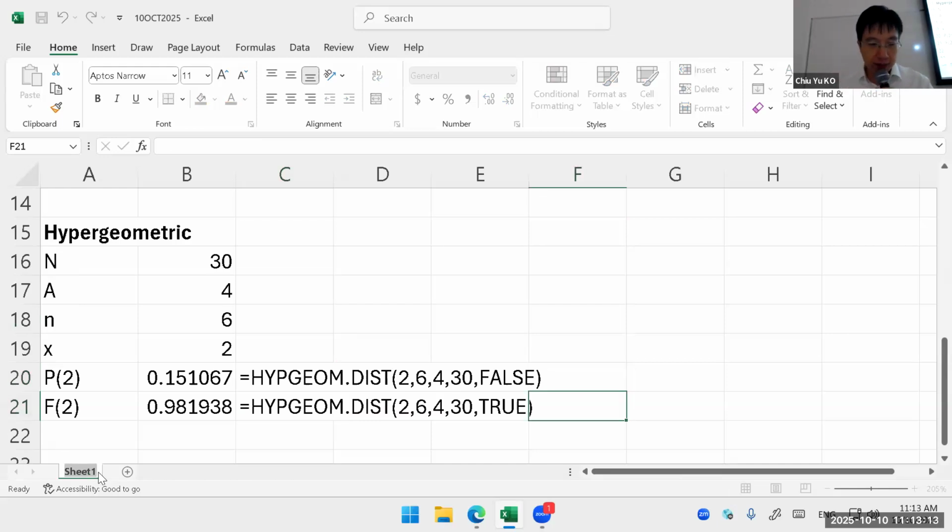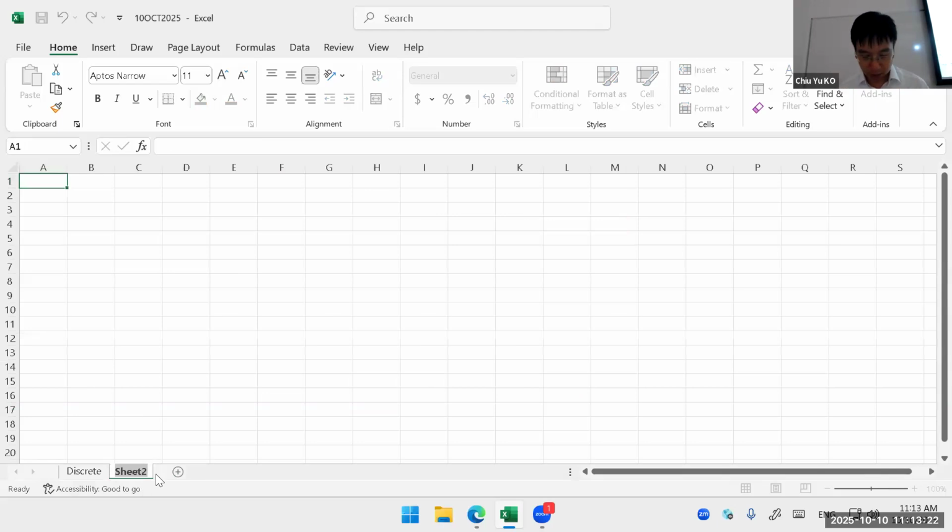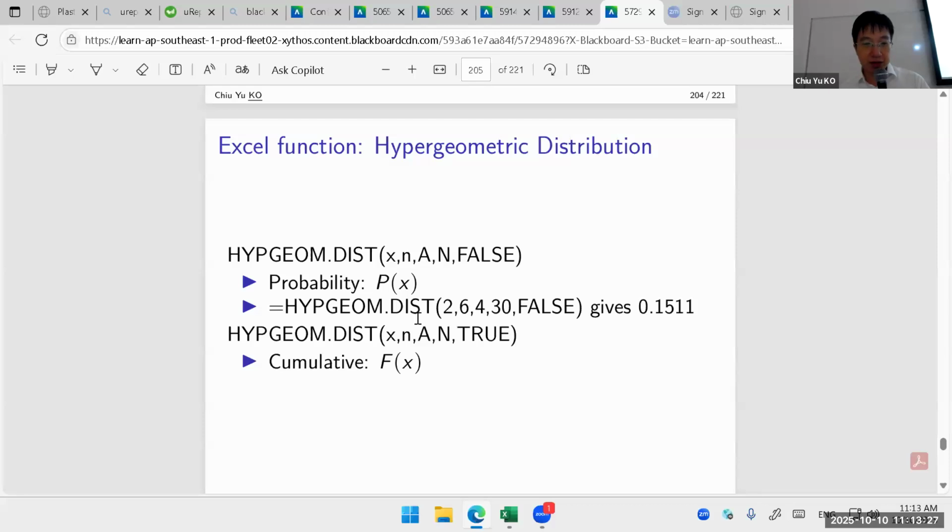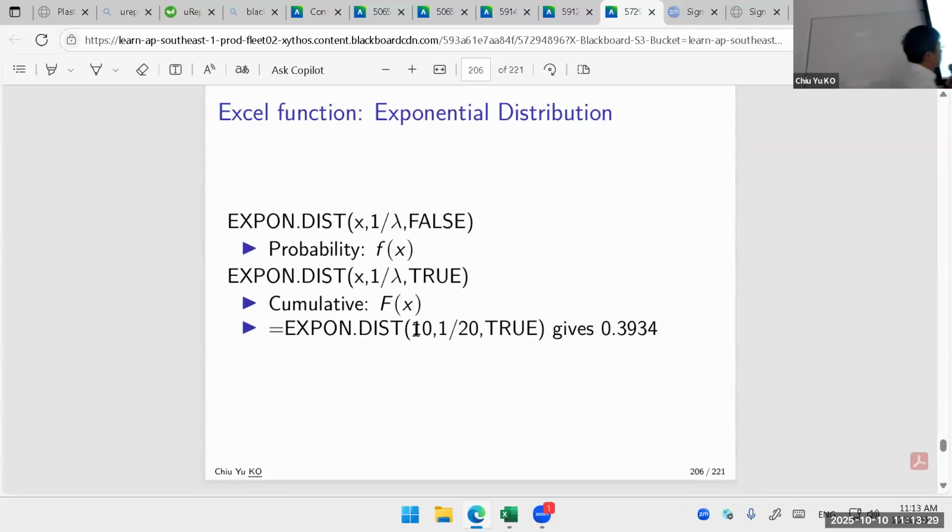And once with that, then we talk about exponential. So exponential is like this, it is 1 over lambda. And remember, for continuous, you only care about the big F, right? You don't care about the small f, because the small f is of no use for us.